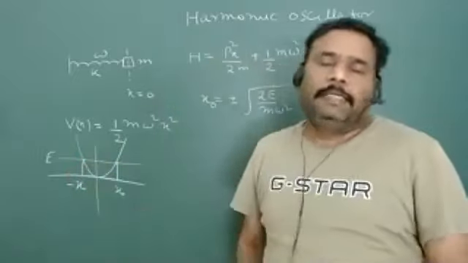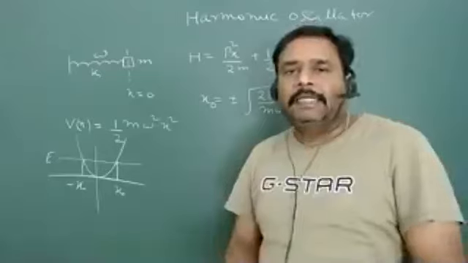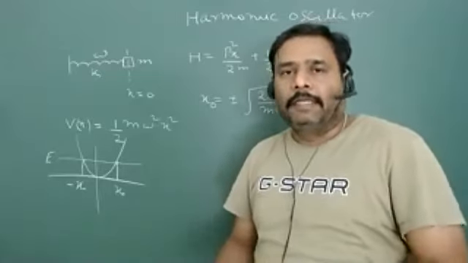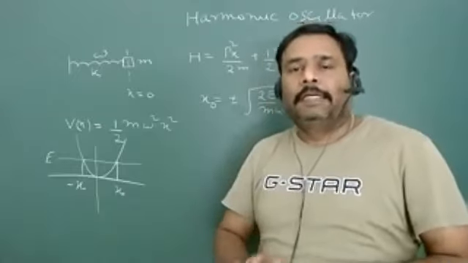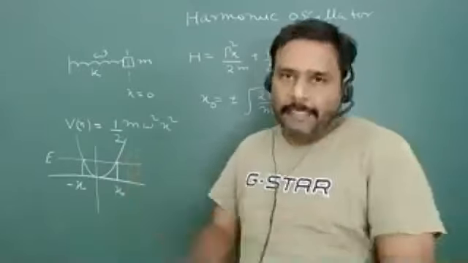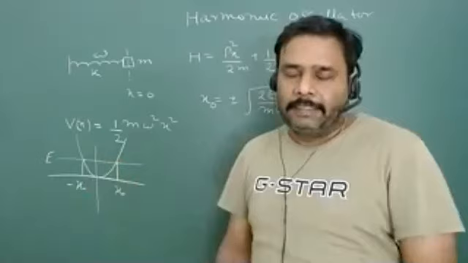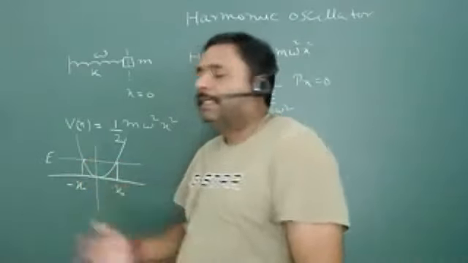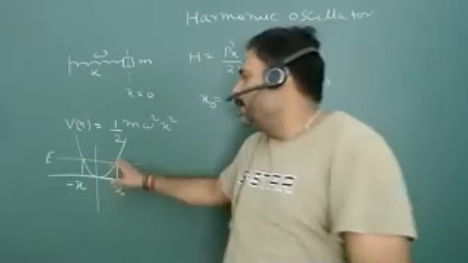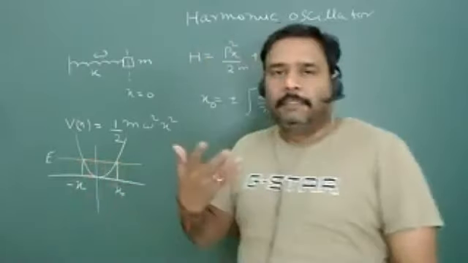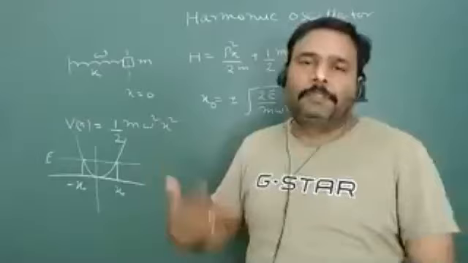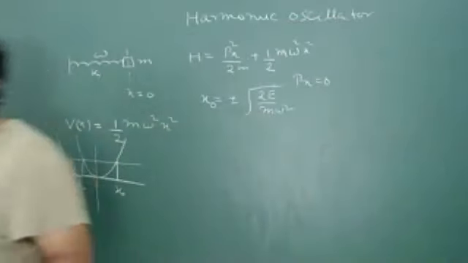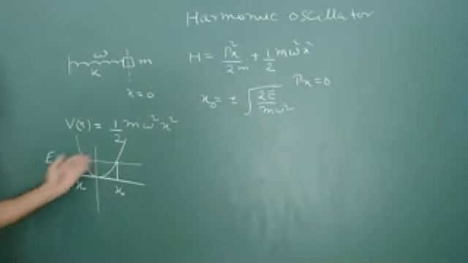We can talk about this in probability terms also: where the particle is the fastest, it spends the least time to travel the delta x distance. So obviously around the center it has the least time, and at the turning point it is absolutely at rest. So you can figure out that the particle is most probable at the turning point.